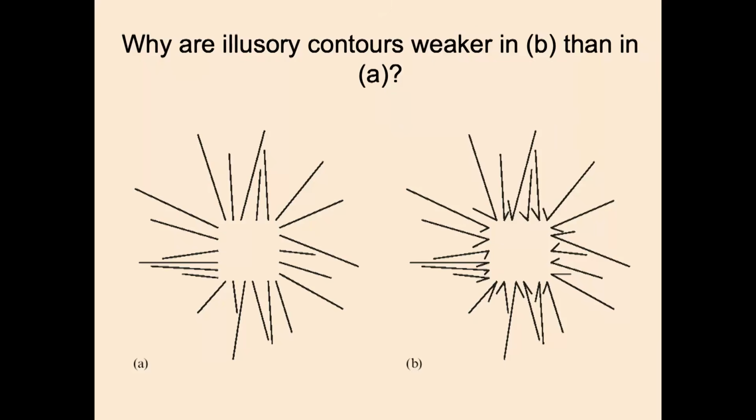Here's another one. This one is maybe a little bit stronger. Same idea: pretty strong illusory contours on the left and not so strong on the right. Okay, any questions about that?